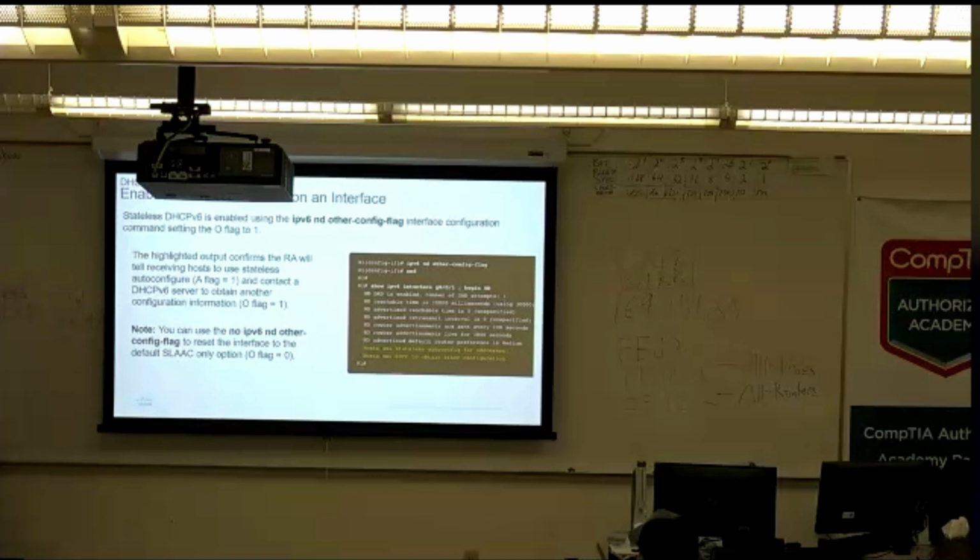Okay, automatic. What are the flags? A1, 0, 1, 0, 0, 0. State, right here, 1, 1, 0. And then finally SLAAC here, 0, 1, or stateful SLAAC.